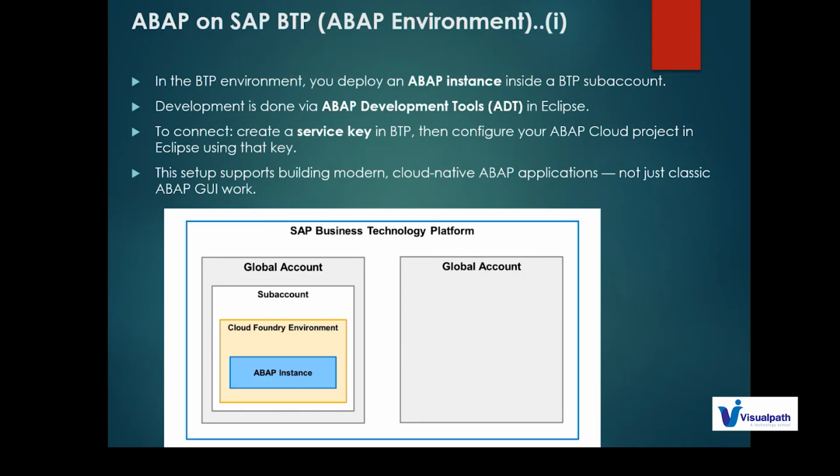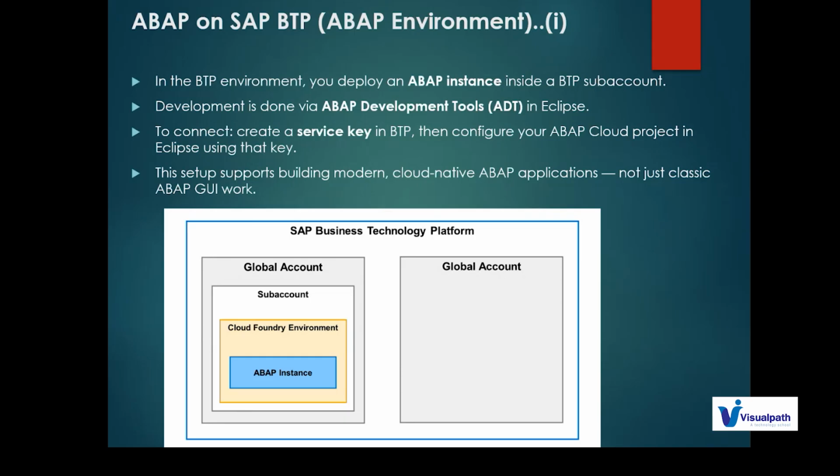Okay, so how to connect this? In the ABAP instance, you need to do all your ABAP development. You need to perform your development in Eclipse. If you have worked on HANA Studio, or if you know Eclipse, that is very good, and it will be very easy for you to understand and work on the ABAP instance. So how to connect?